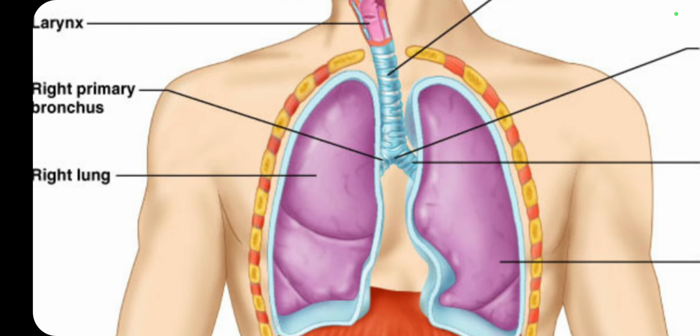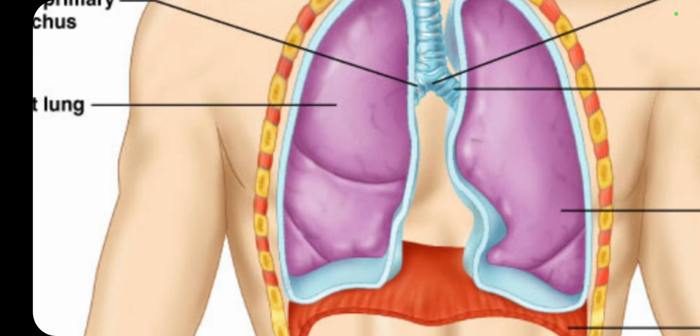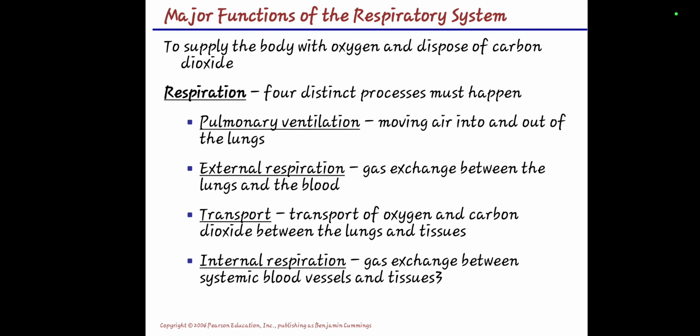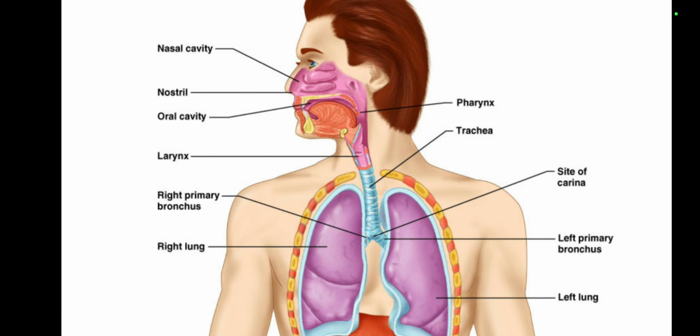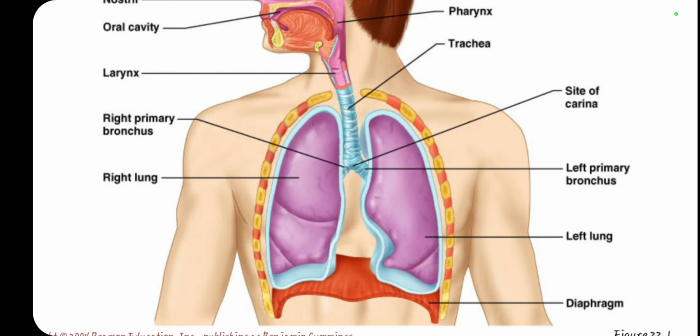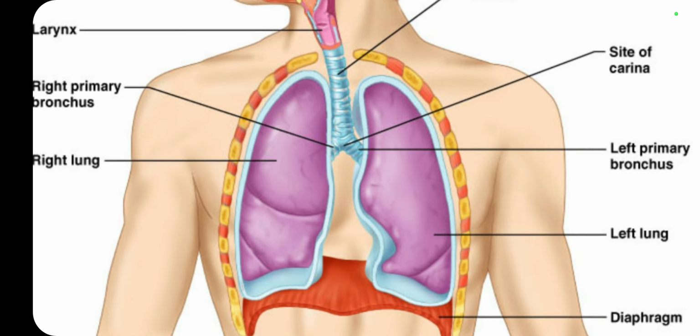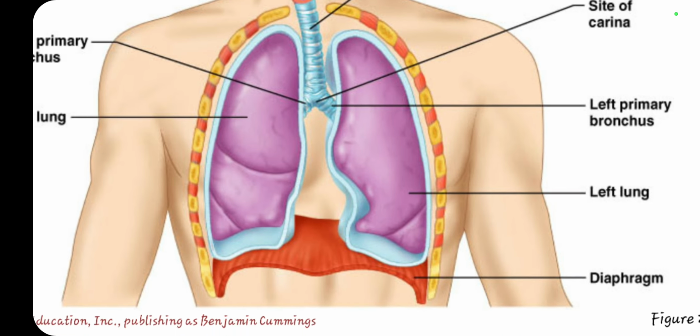Fun fact: we have three lobes on the right and two lobes on the left. And as you can see on the left, there is a cardiac notch. Why? Because it serves as the part where your heart is located. So here on the left side, we have a cardiac notch.